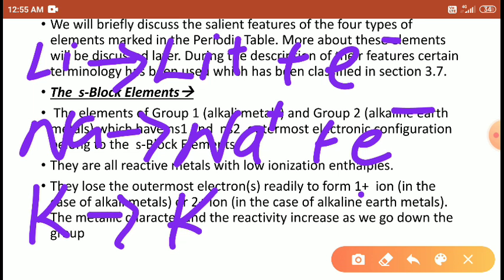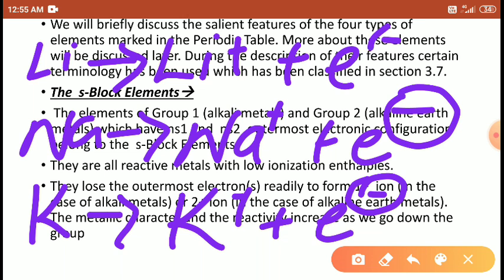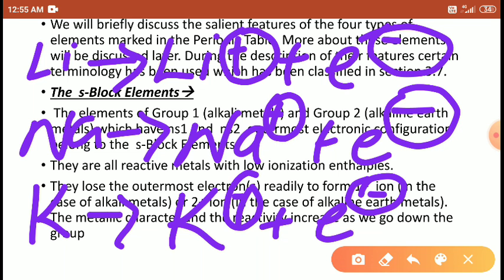Potassium turns into potassium plus 1 by losing 1 electron. So these elements easily release electrons from their valence shell, and after losing the electron they attain the plus 1 state. Right, students?